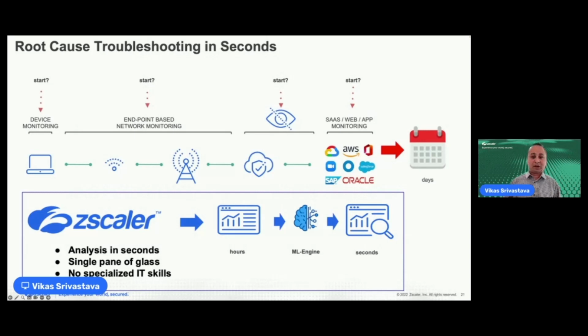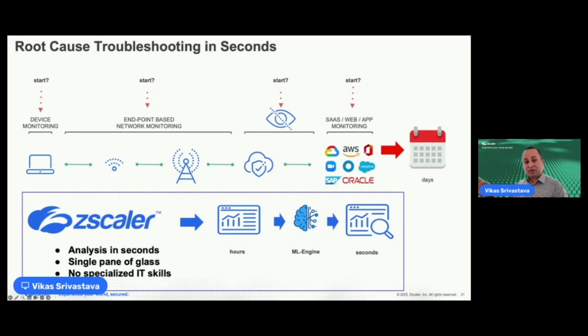So, a little bit more about this automated root cause analysis, right? What we are looking at is all of these different data points, from the device perspective, the user Wi-Fi, the ISP issues, the network issues, because we are able to see the entire path through the application delivery chain. So if there's a specific hop which is slow, we would know that, right?